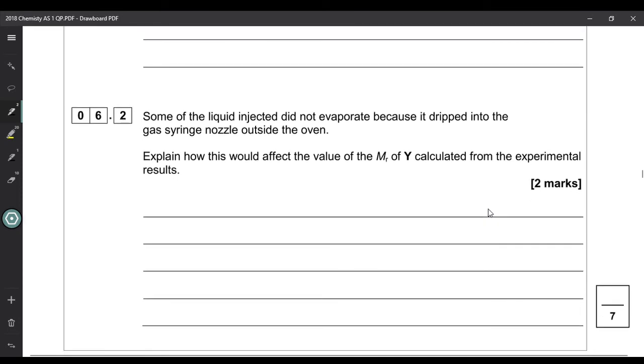Some of the liquid injected did not evaporate because it dripped into the gas syringe outside the nozzle.